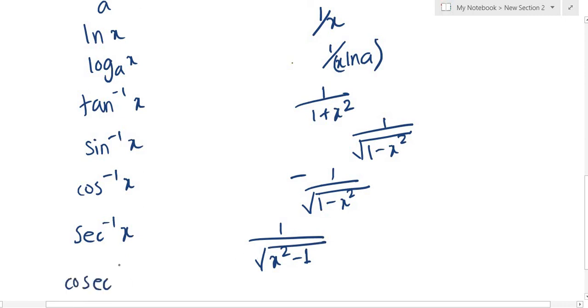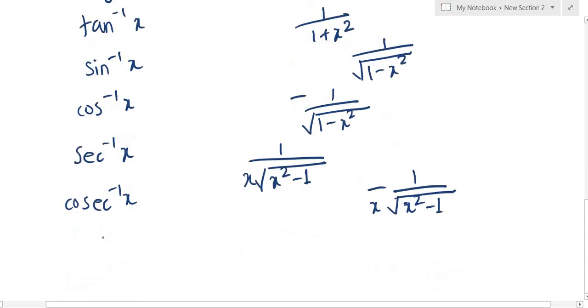And the cosec inverse of x is just the negative of that, minus 1 over x times the square root of x squared minus 1. And I'm just writing it up, the derivative of a constant is 0. Derivative of x is 1. So yeah.